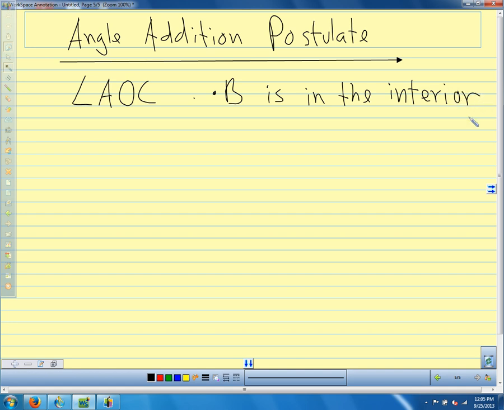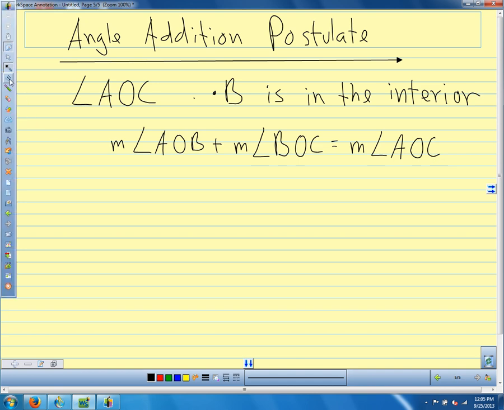When this happens, then, and it sounds more complicated in words than it really is, the measure of angle AOB plus the measure of angle BOC equals the measure of angle AOC. So let's draw a picture of what we're talking about. This makes it sound complicated. It's really not complicated.